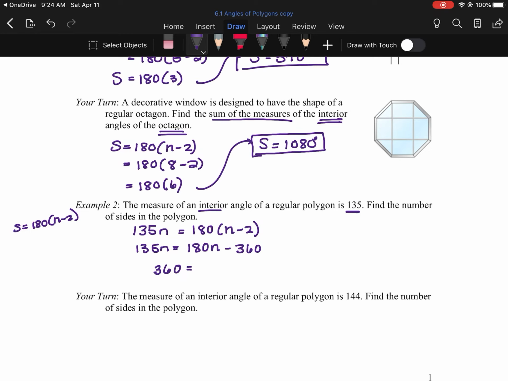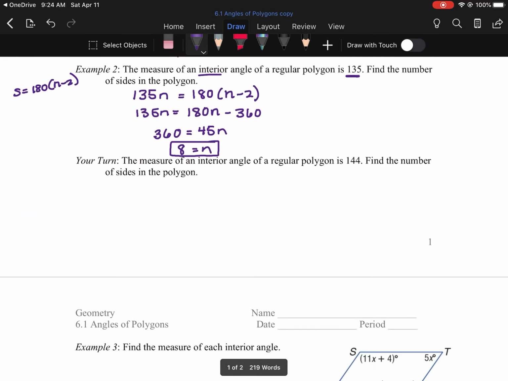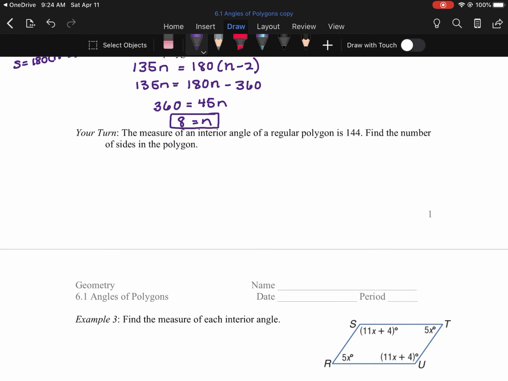I'm going to move the 135 to the right, so 180 minus 135 is 45n. And then if I divide both sides by 45, I get n equals 8. So that means this is an octagon. All right, try the second your turn.